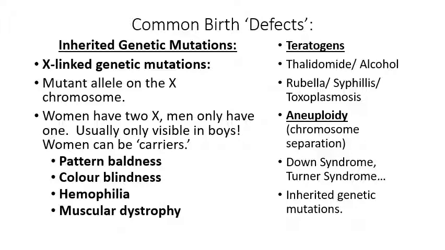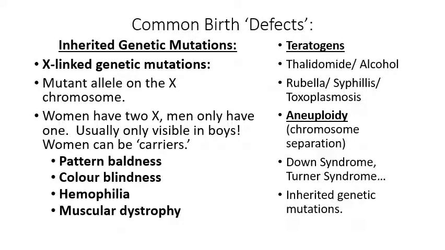So the disease never gets a chance to express itself because it's being hidden by the functional gene. But nevertheless, these X chromosome genetic mutations tend to show up more commonly in men than women because men only have one X chromosome, and so they don't have another X chromosome to hide or mask the mutation.